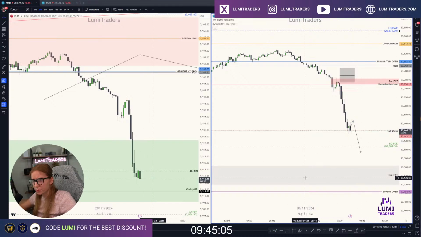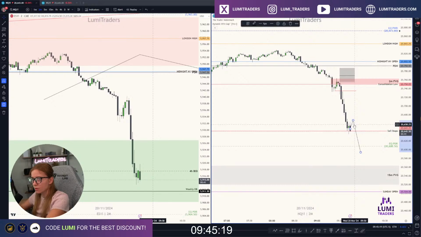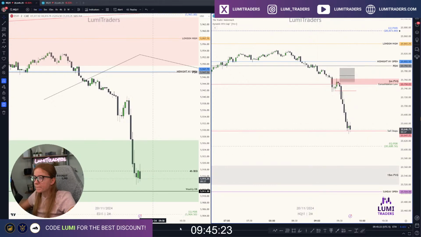I like this equilibrium of previous range. So something like this. So let's see if we can run this equilibrium of previous range.